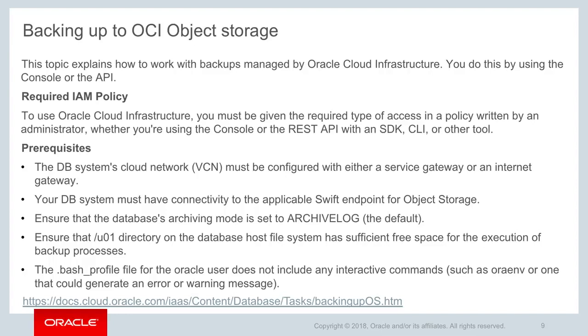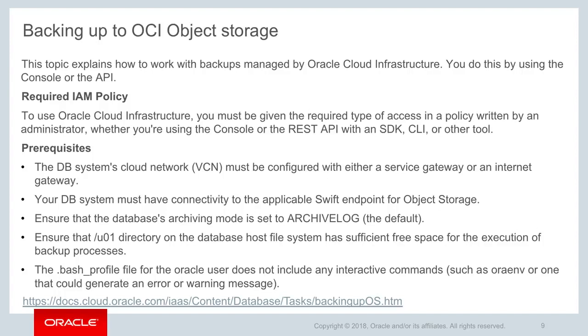Now, to use the cloud infrastructure console or the REST API, you need to have the right kind of identity and access management policy, which is going to be created by an administrator and assigned to you by associating your user account with an identity and access management group within Oracle Cloud Infrastructure.